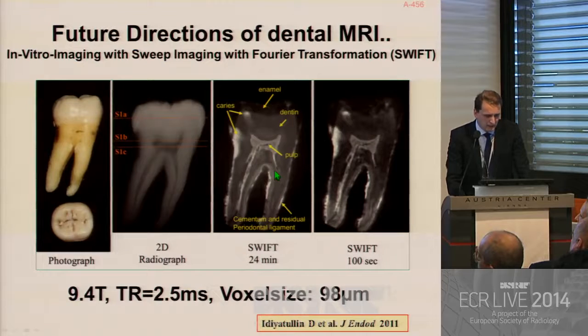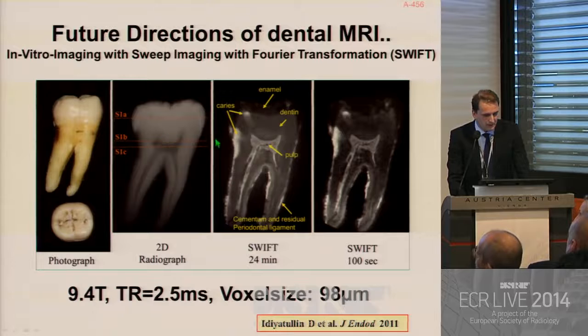Now, taking a closer look at the teeth, and this is perhaps a future direction of dental MRI, but this is, as you can see here, only in an in vitro setting with 9.5 Tesla on a tooth.